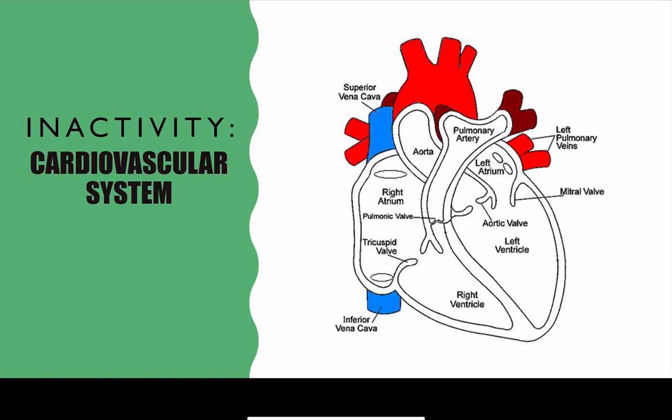output. The other thing that happens is without exercise, without physiological strain of gravity, having to pump up against the gravitational stress on the circulatory system, the heart isn't working as hard.